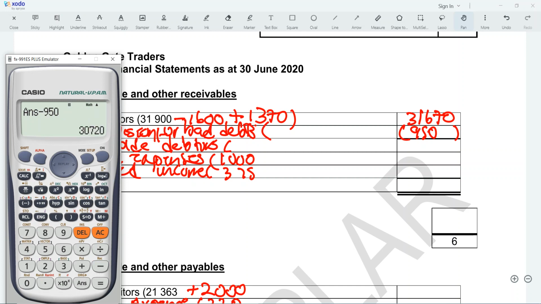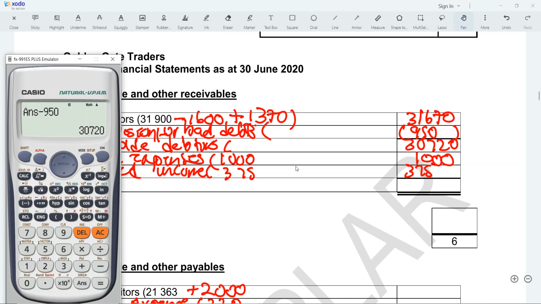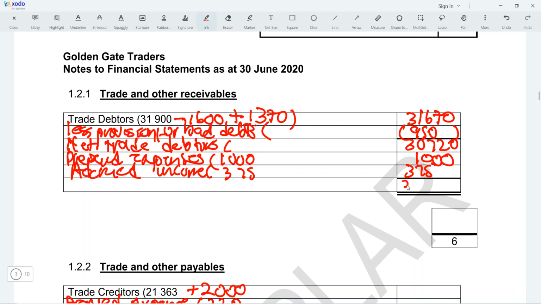And then remember our prepaid expense, this 1,000 here, and then also the accrued income 375. Let's say it, and then plus 375. It will give us 32,095. Then you get your 6 marks. You are done with it. You can then be able to finish the exam.